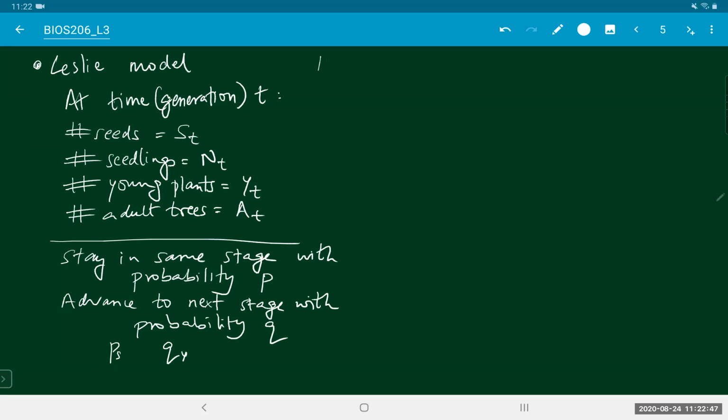And in addition to these, the plants and the trees produce seeds as well.